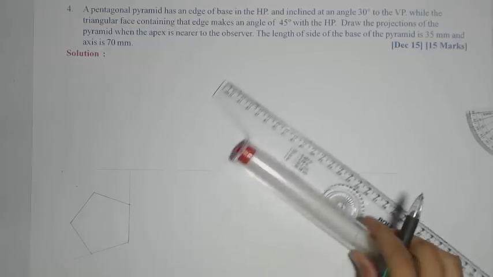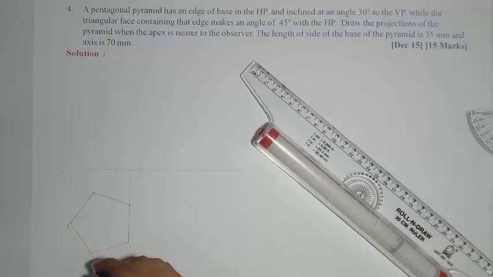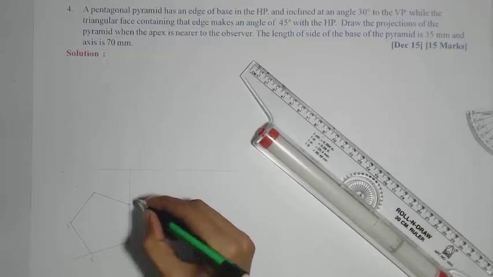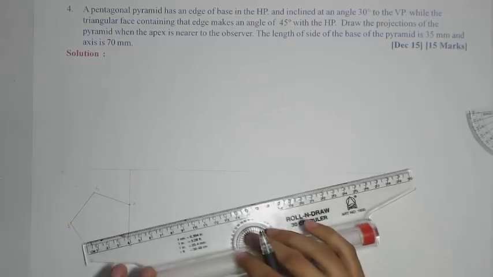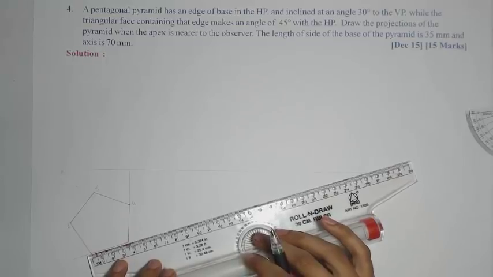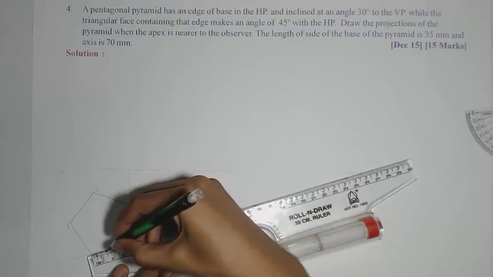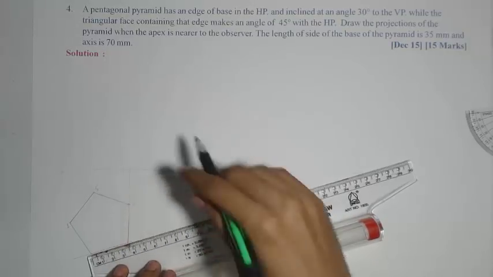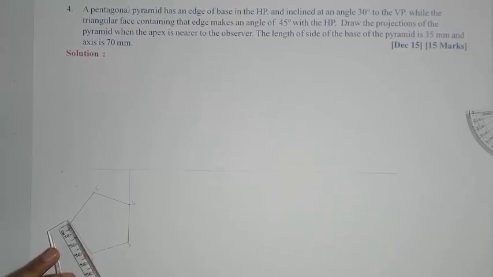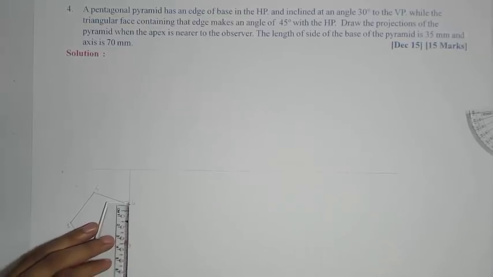Okay, so now we'll give the notations 1, 2, 3, 4, 5. The next step is marking the center. Since the base edge is 35, it will be 17.5 center. Similarly, we need to mark for one more side, 17.5.